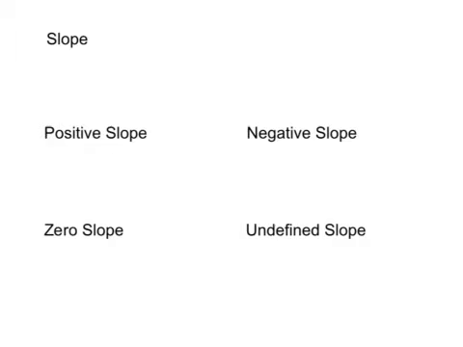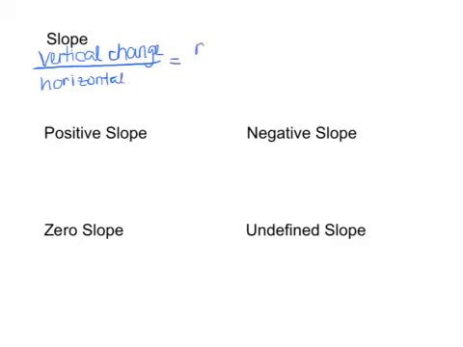All right, slope is the vertical change compared to the horizontal change. You may remember it as rise over run.